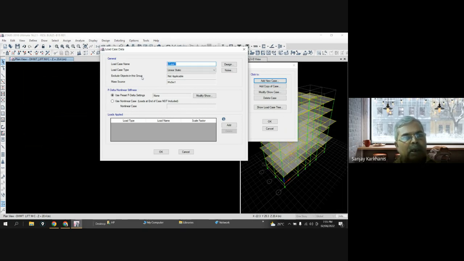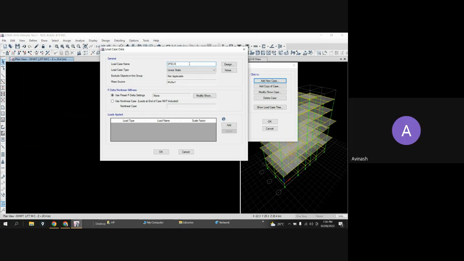So that's why I will give the name as RESP response, or let's say RS1, or normally I say spectra, so spect or spectra X. This is my name, or you may say spec X, so that you know that it is a dynamic load case that is applied in X direction and with the help of response spectra. Clear?